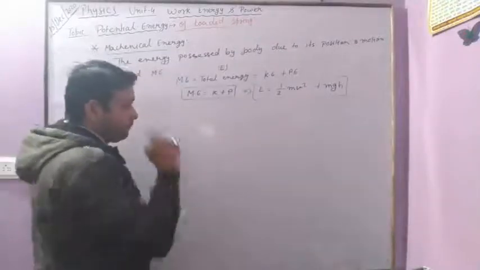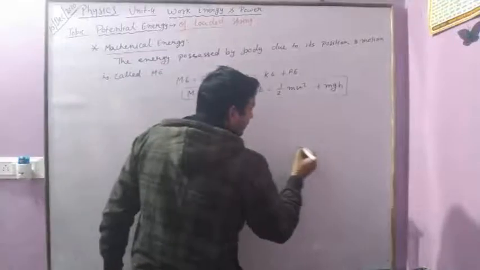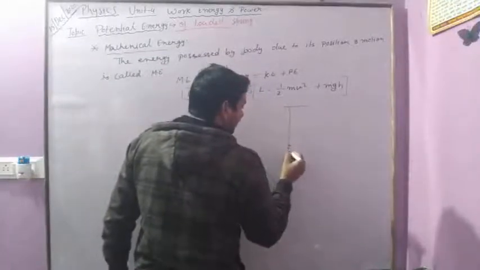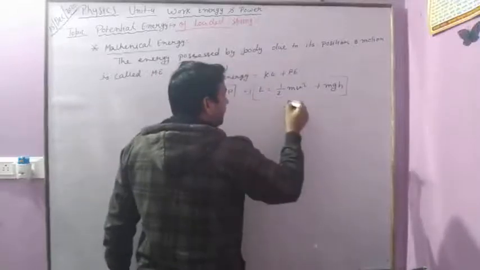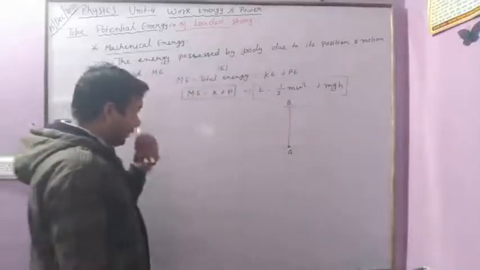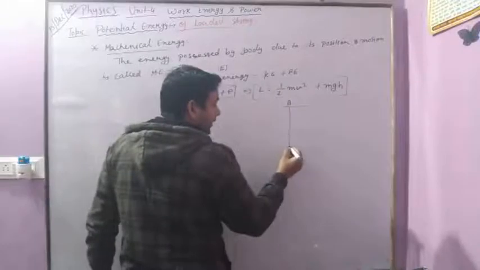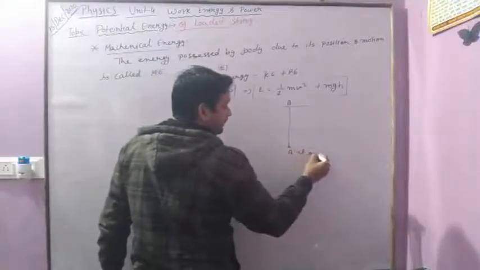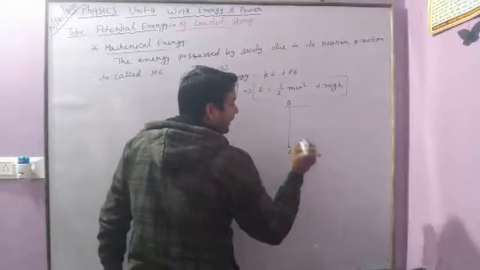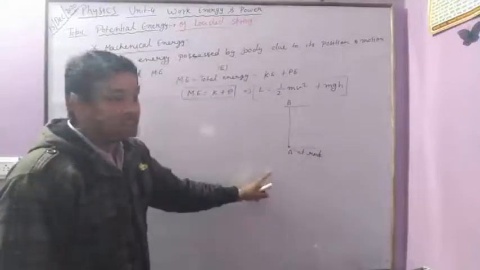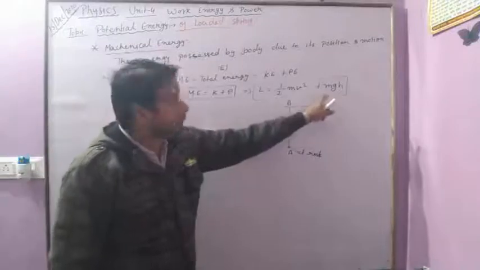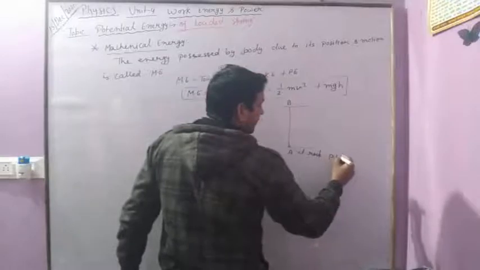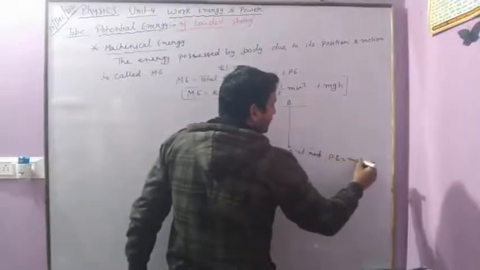Here students, let us consider an example, points A and B. Now if the object is at A, which means at rest, then it possesses only its potential energy, that is PE is equal to mgh.